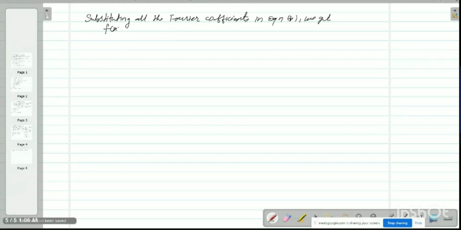Now substituting all the Fourier coefficients in equation number star, we get f of x equal to a naught. How much did we find a naught?